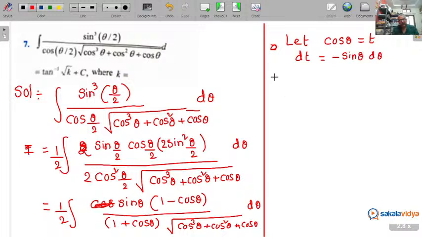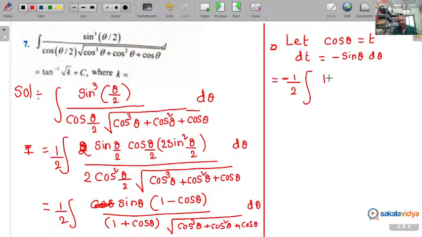So now this becomes half into the integral. Remember one thing, since cos theta is equal to t, sin theta d theta is equal to negative dt. So minus 1 by 2, sin theta d theta is dt.